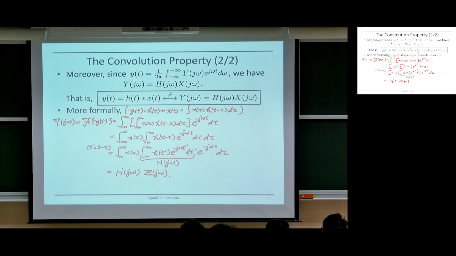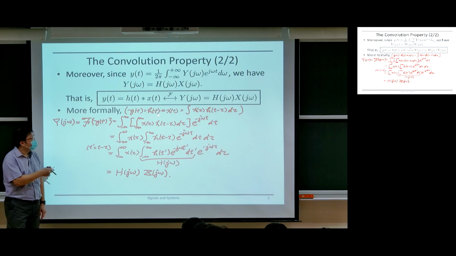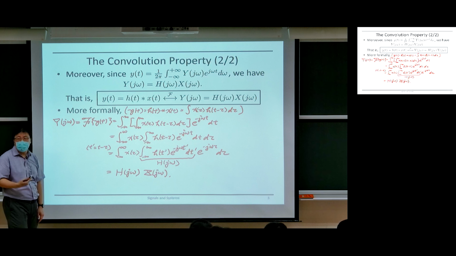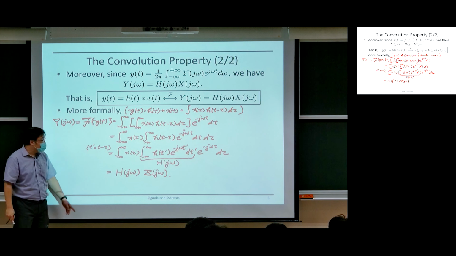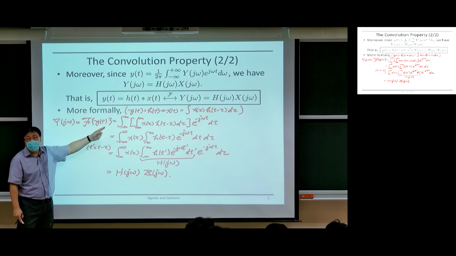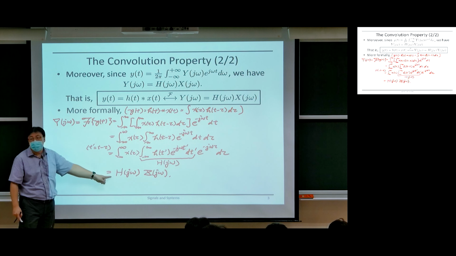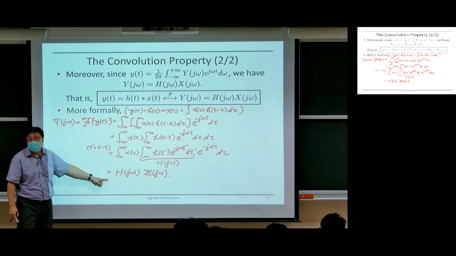And this is probably one of the most useful properties, because convolution is usually very tedious to compute. You may have seen that through your homeworks and exams. But now you know that convolution in the time domain simply corresponds to multiplication in the frequency domain.